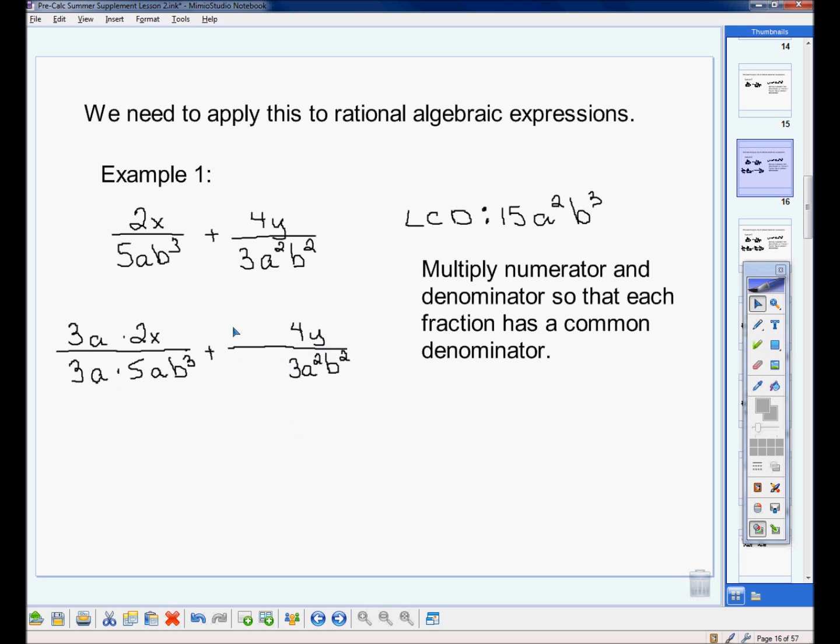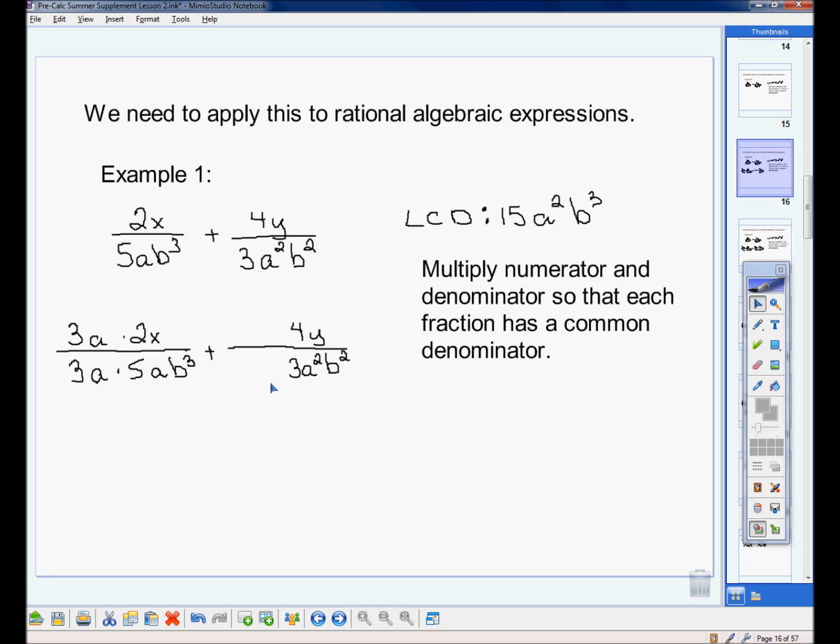Now notice I wrote this out with a blank here. We have to figure out, what do we need here to multiply to get our least common denominator? Well, we need to have a 15, so we'll need to multiply this by 5. The a squared is taken care of, but we need another b.